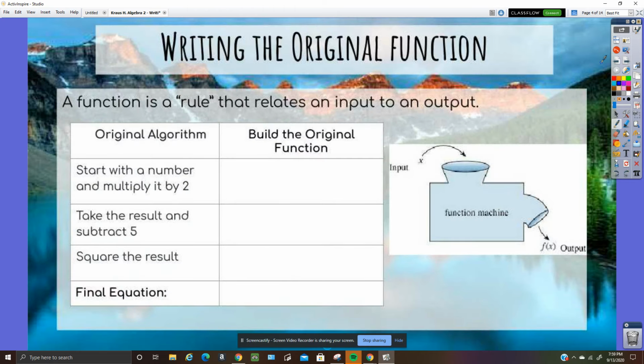All right, so a function is a rule that relates input to an output. So start with the number and multiply by 2. So if you have the number, it's x. You multiply by 2, take the result and subtract 5.